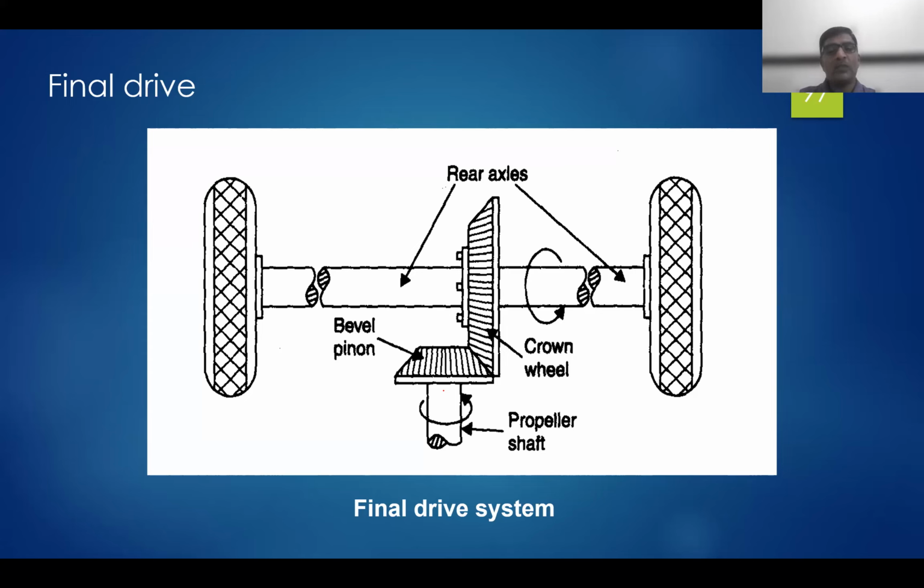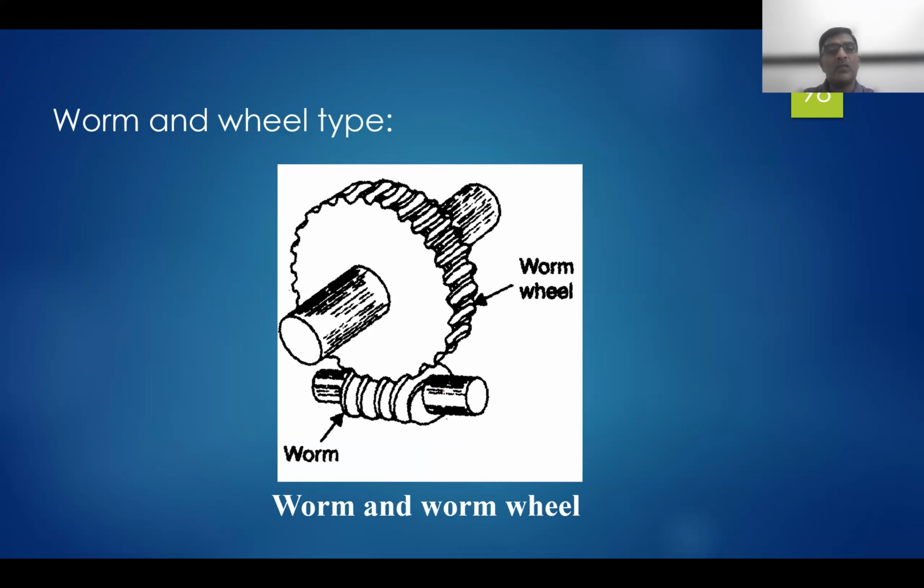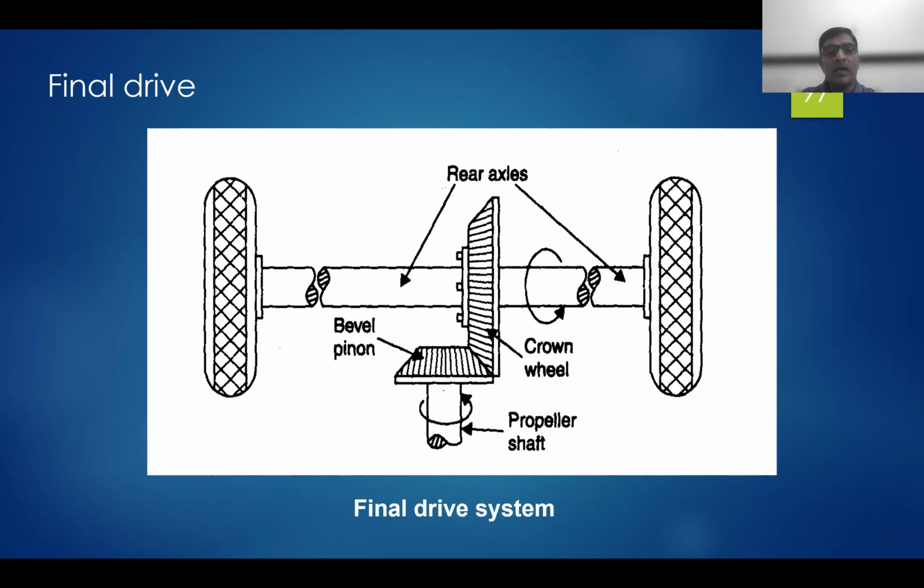With respect to this final drive, there are two types in the gear type: one is bevel gears and another is worm and worm wheel. But in general, the final drive can have different types. One can have chain type, which you can already see in bikes. The chain and sprocket assembly enables an increase in torque and helps to propel the bike.